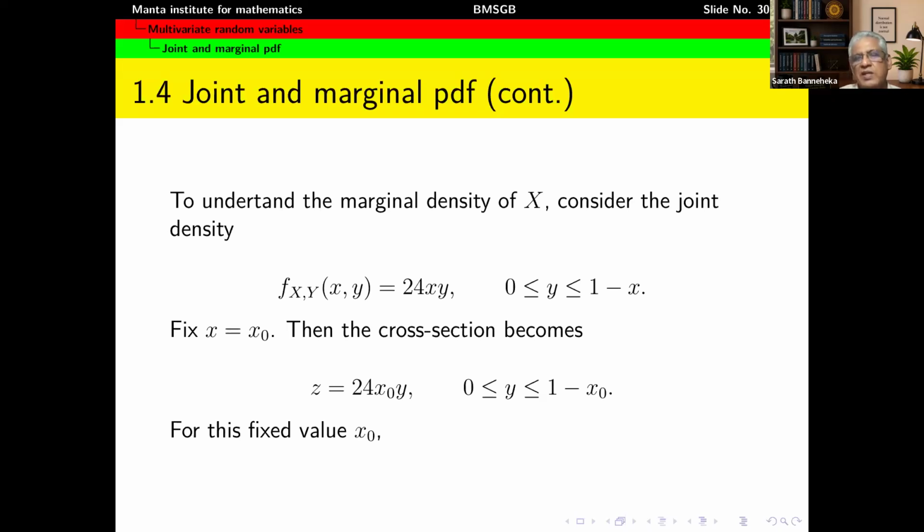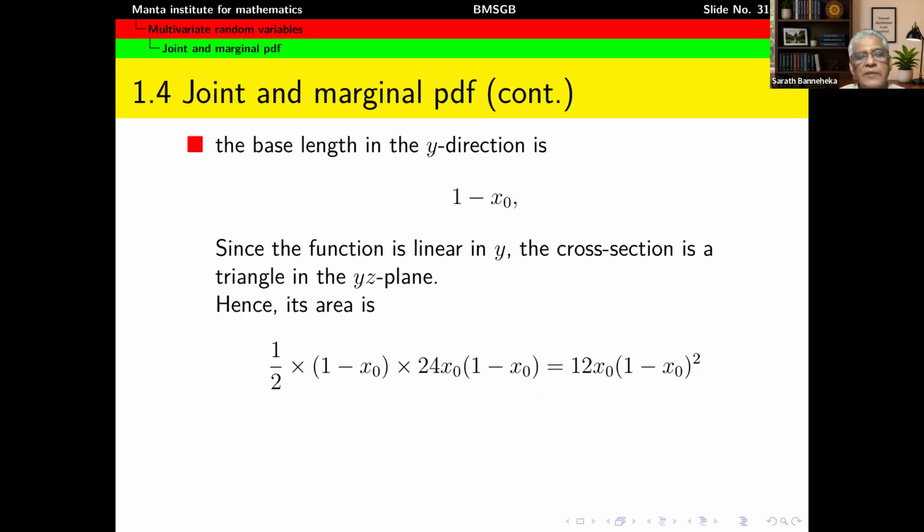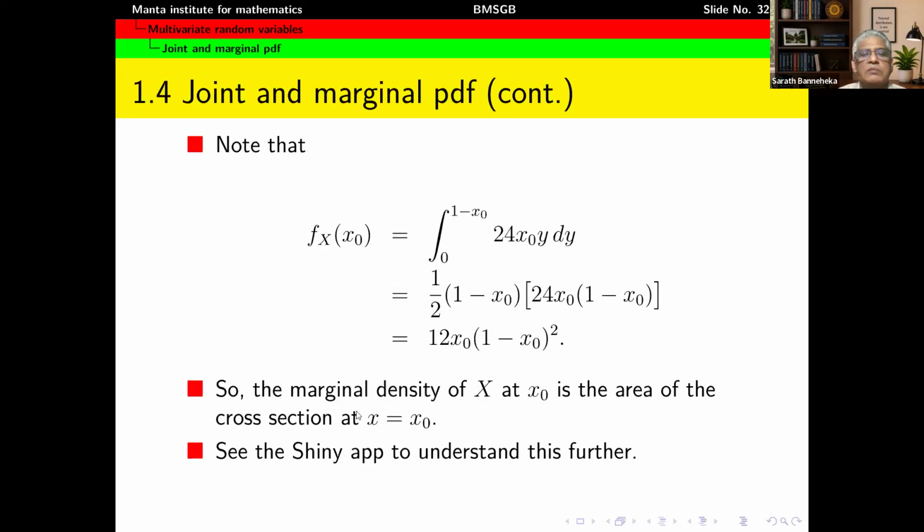That is one way in this particular case, but in general we will not do that. What we will do is integrate to get the density function. So fx at x naught will be the integration of 24 x naught y dy, where y is changing from 0 to 1 minus x naught. So generally, for general x, you will consider fx of x as 24xy integrated with respect to y, but in that case the limits will be from 0 to 1 minus x.